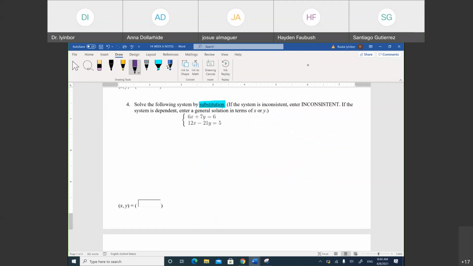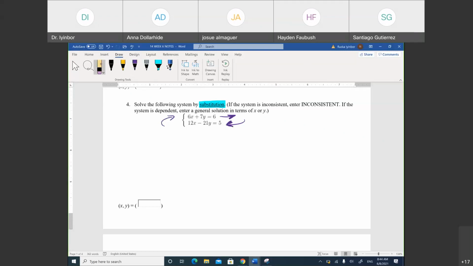So you can solve the first equation for x or y, whatever you want. Just decide which one you're going to solve for. And then you have to substitute into the second equation. Or you can do it backwards. Doesn't matter. Okay? So pick one.